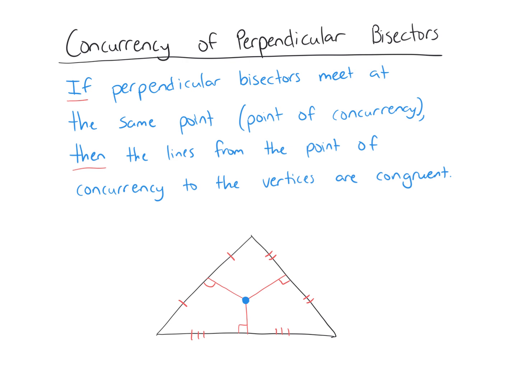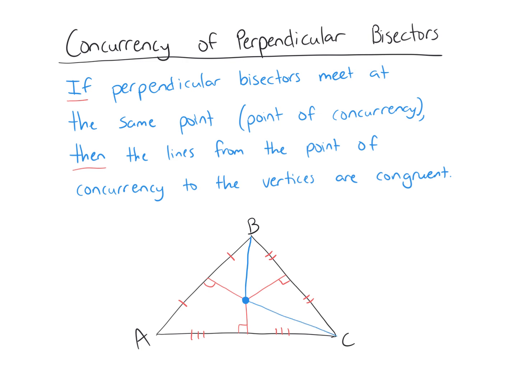We know where the point of concurrency is. Where are the vertices? Where two lines intersect, right? So if I label this triangle ABC, where are the vertices? A, B, and C are the vertices, right? So those lines end up being congruent from the point of concurrency to the vertices. How many vertices are there? 3.